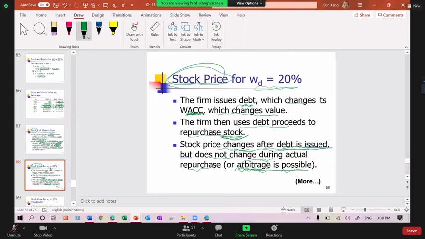So in equilibrium, the price should reflect all the information. So when they announce recapitalization, that's new information. The price adjusts immediately, and after that, the price will stay the same, unless other information hits the market. But we assume that there is no other information.